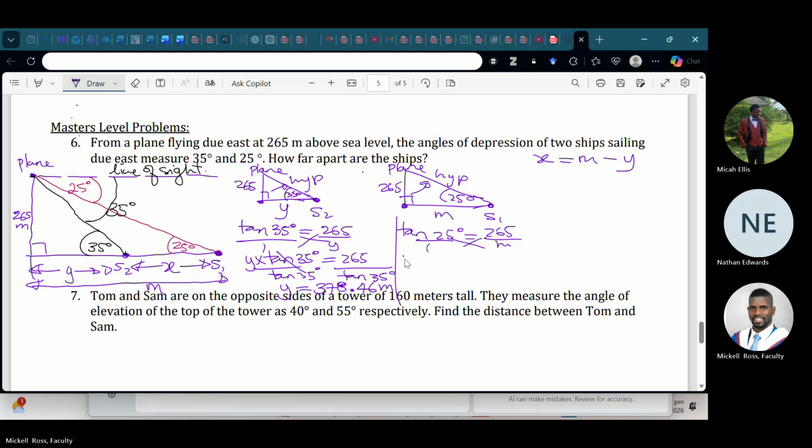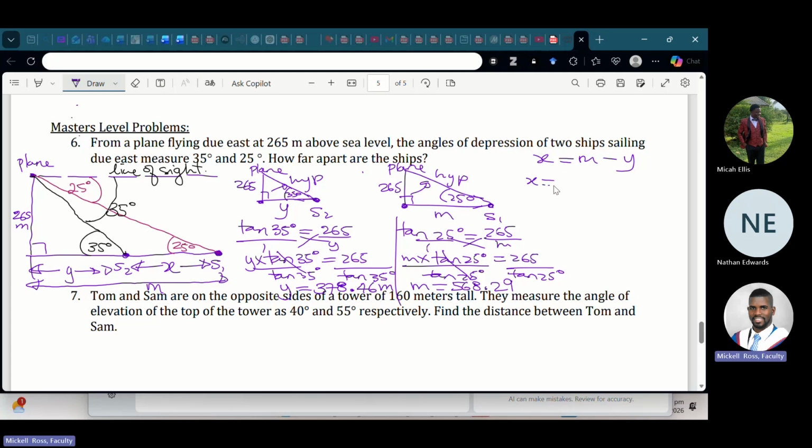So m times tan 25 degrees is equal to 265 divided by the tan of 25 degrees, divided by tan 25 degrees. So that means m is equal to 265 divided by the tan of 25, 568.29.